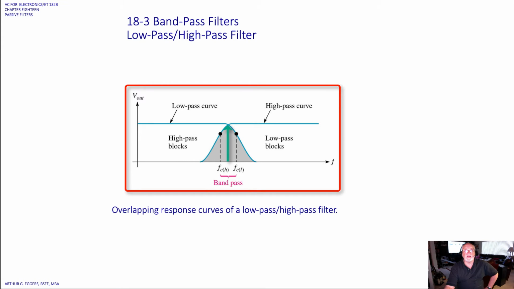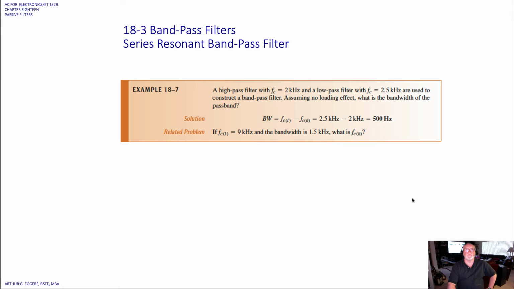On either side of that, we have our critical frequency 1 and critical frequency 2 that forms the center frequency in this case. A high pass filter then with a, okay, this is one we've already seen. The critical frequency of 2 kHz low and critical frequency of 2.5 kHz high. So as we saw before, that gives us a bandwidth then of 500 hertz.